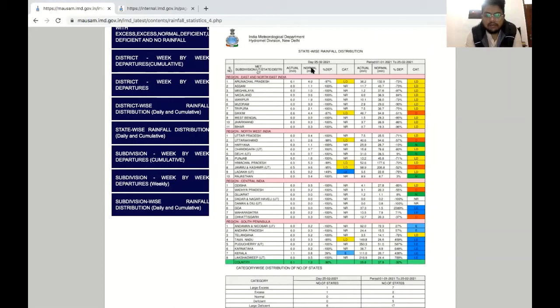The second column shows you what the rainfall should have been for this time of the year in these states, and what is the percentage departure, the deviation from the norm. Similarly, this is for 25th of February, and this is for the entire period. Same actual, normal, and percentage departure. You can clearly see that northeastern states have had almost no rainfall, and the South Indian states have had a lot of rainfall.